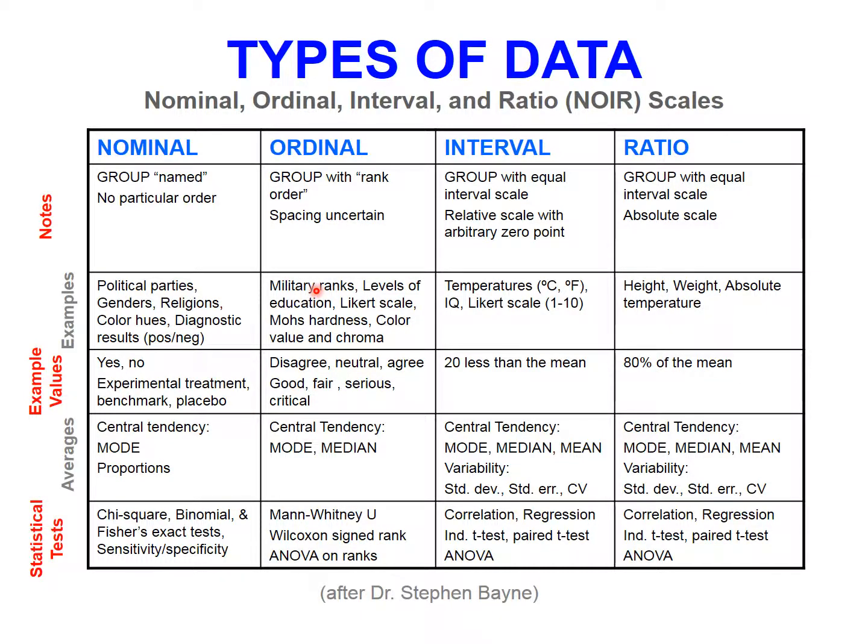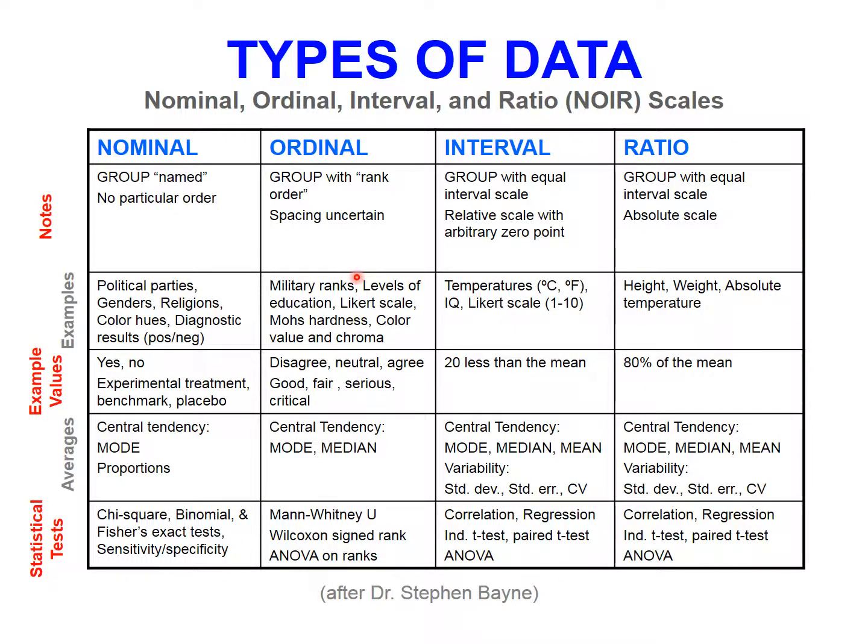We don't really have a way to quantify that. So that's an ordinal variable: they have a definite ranking from high to low in the possible responses, but we don't have an idea of how far apart the responses are on a scale.